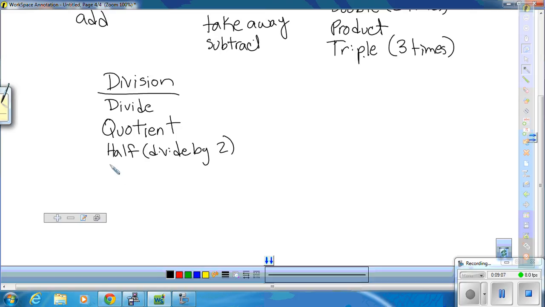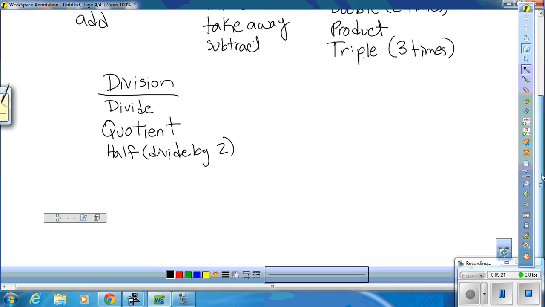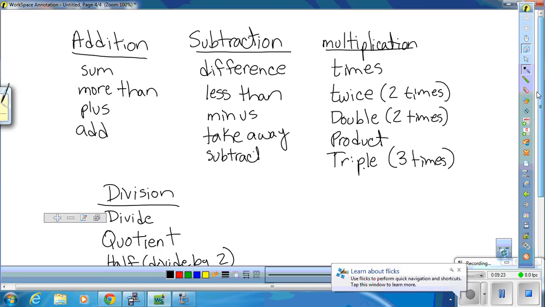You know, a third or a fourth. Any of those types of fractions are just dividing by that number. And divided into. Any of these words are things that you want to watch out for. And these are usually the ones students remember.